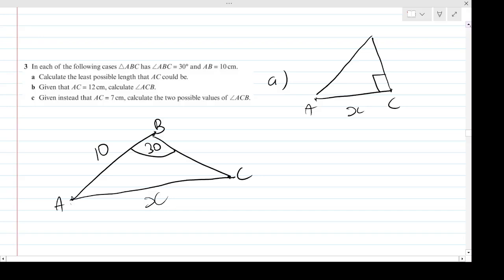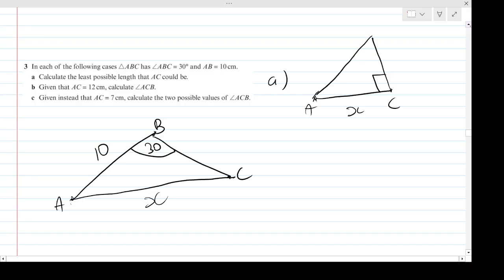So when it makes a right angle to another line, then it's the shortest distance. Quite a niche sort of idea you need to learn. It's from GCSE, but yeah, that's probably the hardest part, honestly, is realising that.